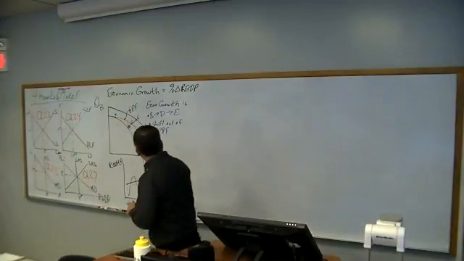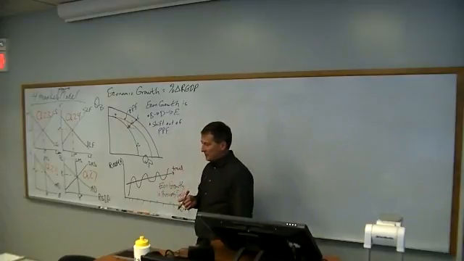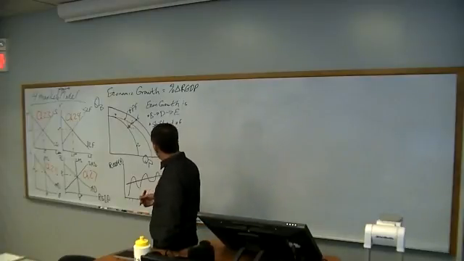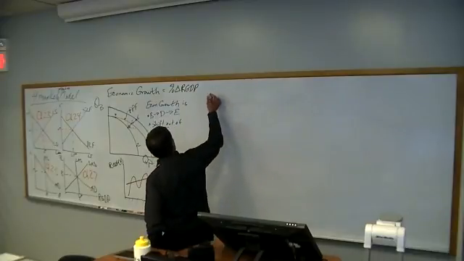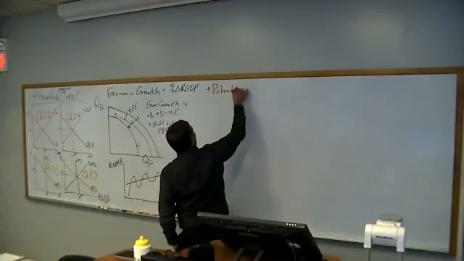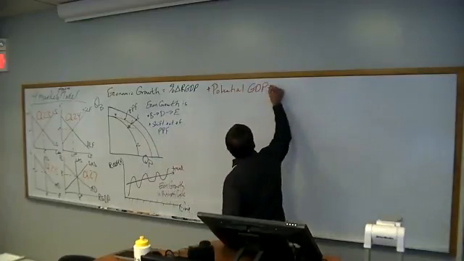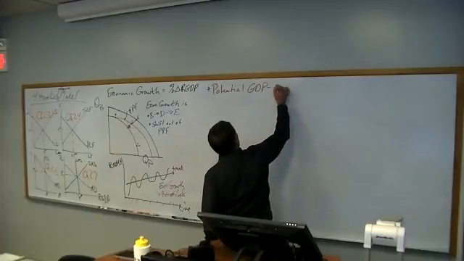All right, so we're going to call this our potential level of GDP. So what is our potential? Potential GDP is kind of the edge of the frontier.